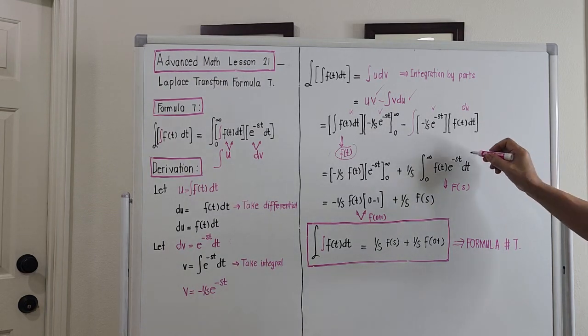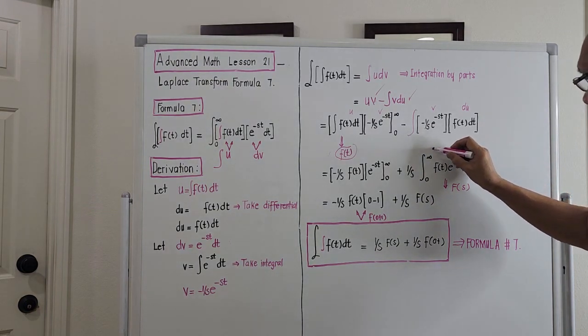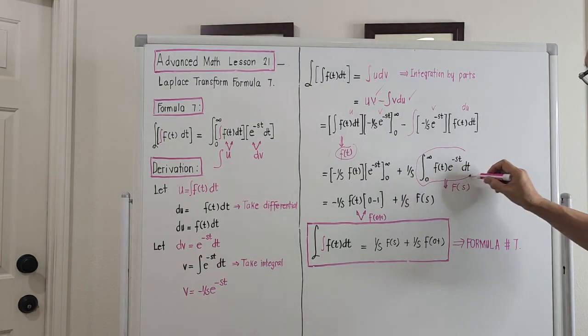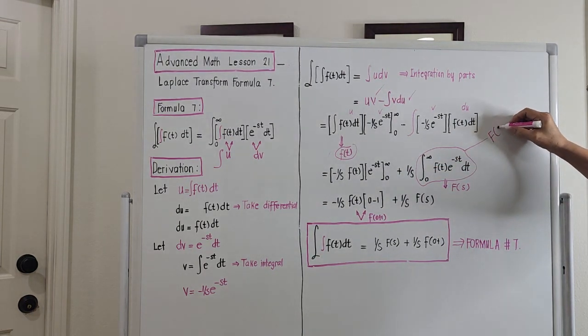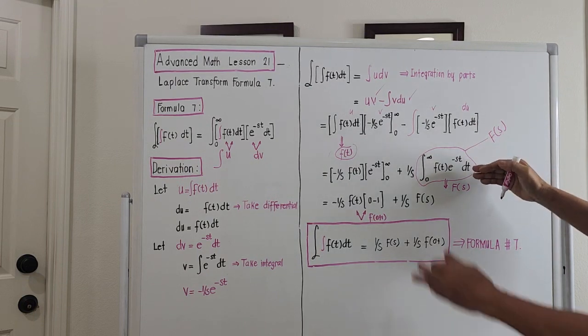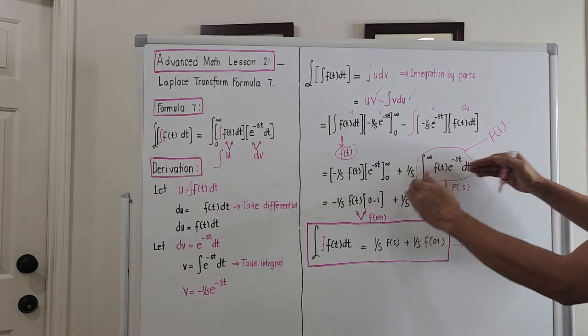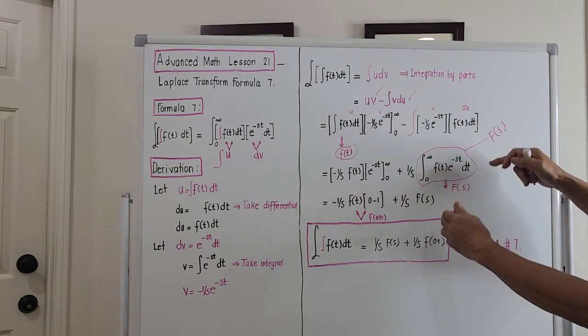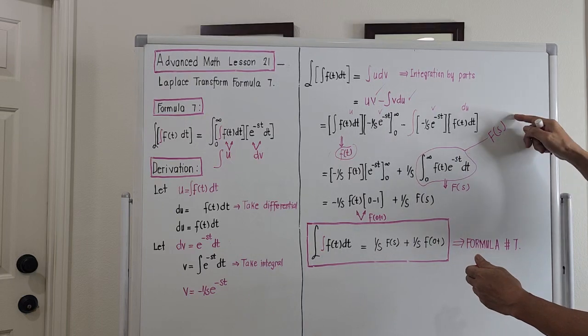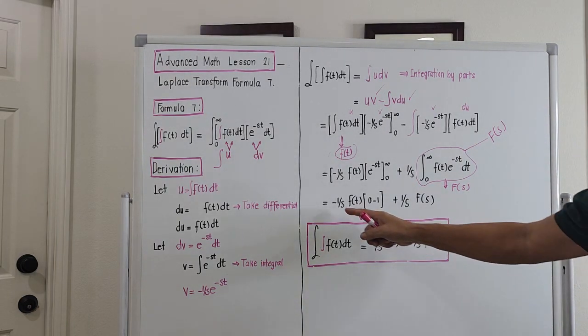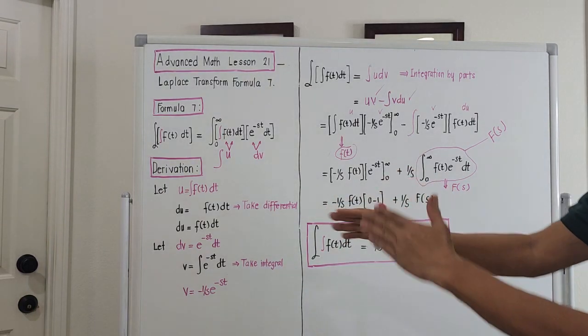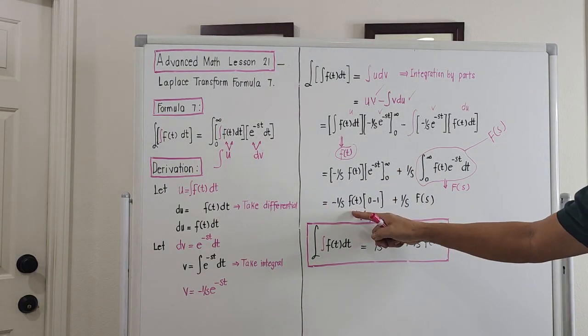But if you try to notice it, this portion here is actually the Laplace transform of this given function, capital letter F as a function of s. Do not try to integrate this one. You just designate this as capital letter F as a function of s. So what will come out now? It will be negative 1 over s as a continuation, function of t.